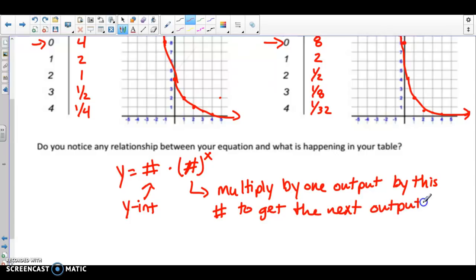To get the next output. Okay, so we multiply the previous output by our number or by our base to get the next output. Okay, go ahead, pause this video, explore and see what that means.